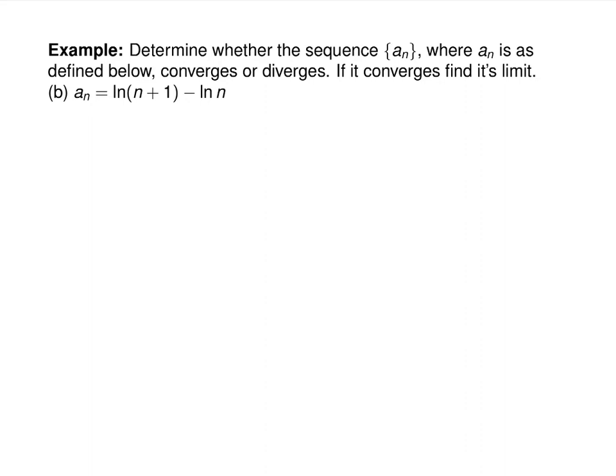In this next example, we're also going to use the continuity of natural log to move the limit inside of it. It's just not obvious how, unless you remember your rules for natural logs. The rule states that if you have natural log of a minus natural log of b, that's the same thing as natural log of a over b. So this tells us that a_n could also be expressed as ln of the quantity n plus 1 over n.